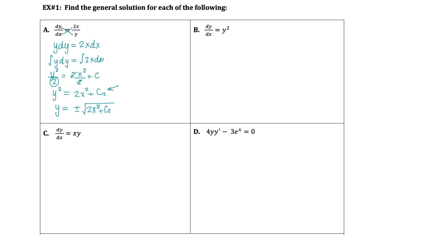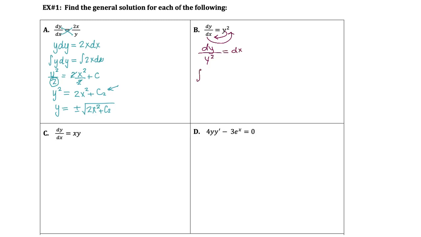Either is fine. Looking at part B, again, you would go through the same process here. It looks like we can move our y squared over and our dx over here. So we have dy over y squared equals dx.